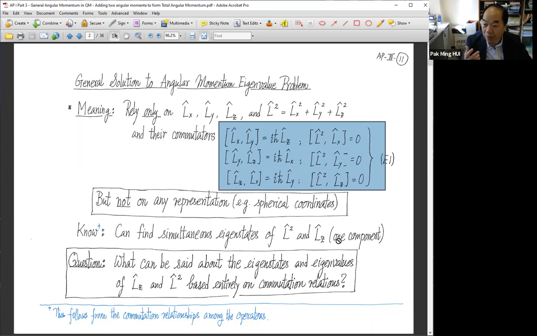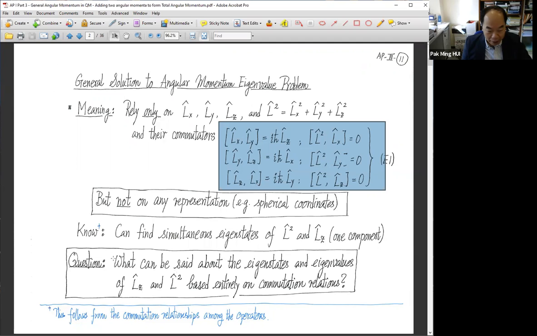It doesn't matter. But because the components themselves do not commute, if you know one, you can't know precisely the other two. Therefore, it is legal to look for an L square and Lz simultaneous eigenstate.